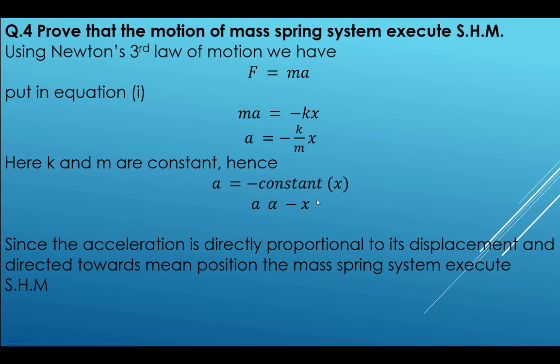It is the reaction for the action. If you are stretching the spring, then the spring also exerts force on you. If you stretch the spring a longer distance, it will exert a larger force, and if you stretch it a smaller distance, it will exert less force.